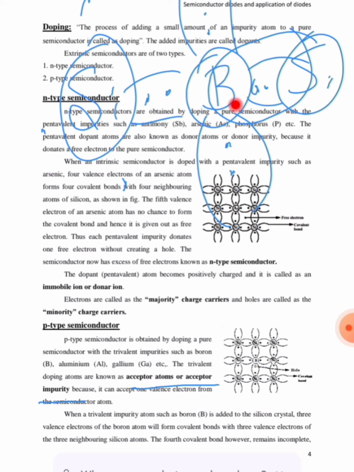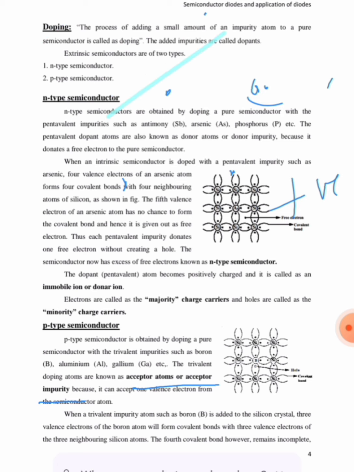An empty space will be called a hole, and that empty space or hole will have positive charge. So with the addition of boron, the number of holes will increase in the crystal lattice structure.